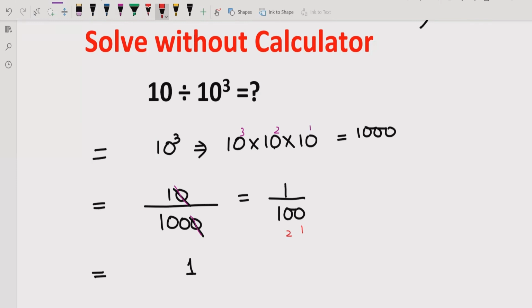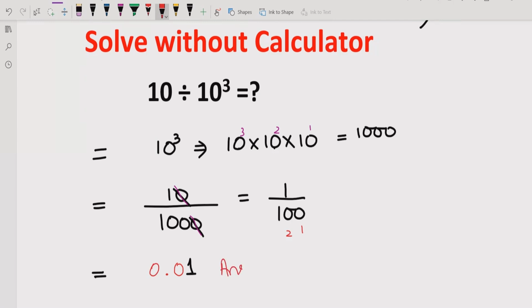We have to move the decimal such that we get two numbers after the decimal point. The 1 you already wrote, and the missing part is 0, so we write it this way: 0.01.